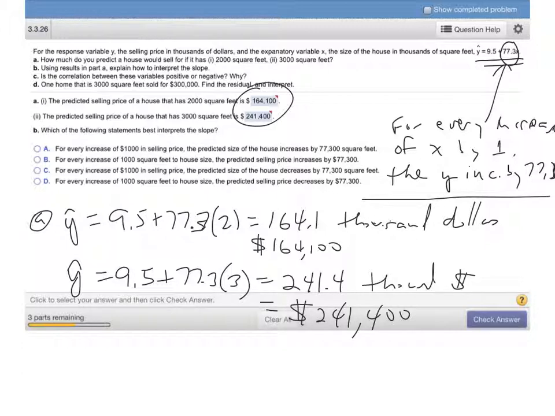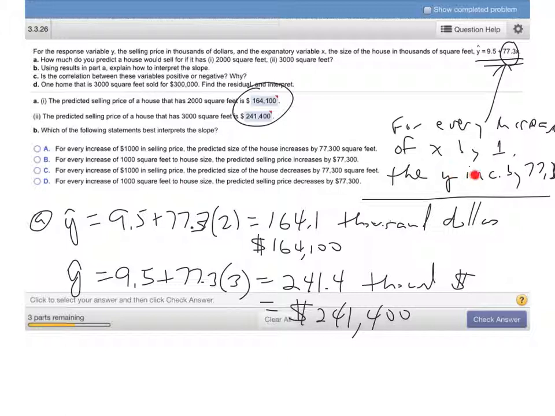So we do want to make sure we remember what everything is measuring. The x's, remember, are measuring the size of the house, and the x is in thousands of square feet. And so this statement, for every increase of x by 1, should be for every increase of 1,000 square feet in the house. So we're looking at either B or D are the only ones that talk about for every increase of 1,000 square feet in the house size.